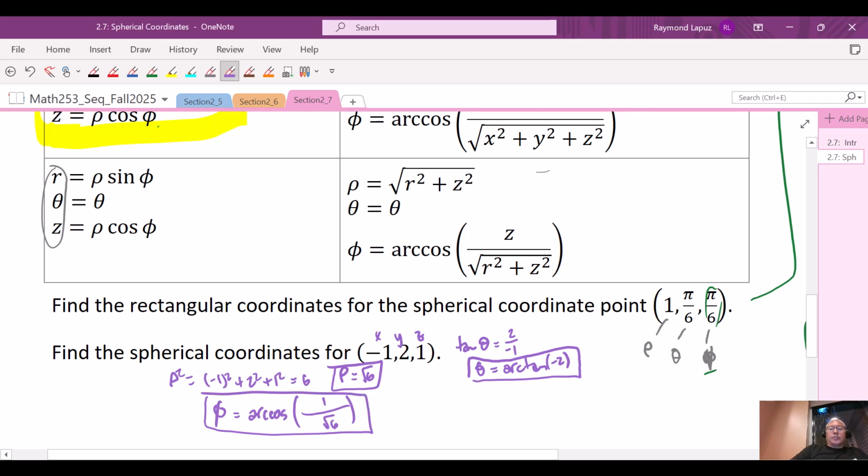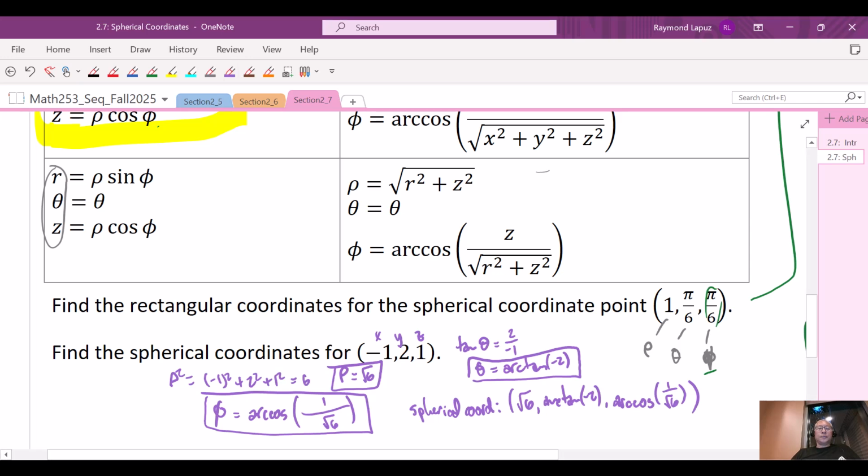Then your spherical coordinates transformation will give us root 6, arctan of -2, and then arc cosine of 1 over root 6. Okay, you can find decimal approximations by just punching that in your calculators.